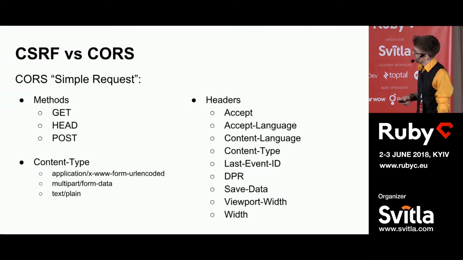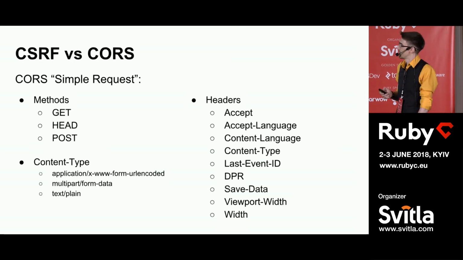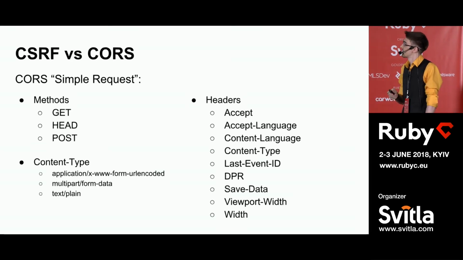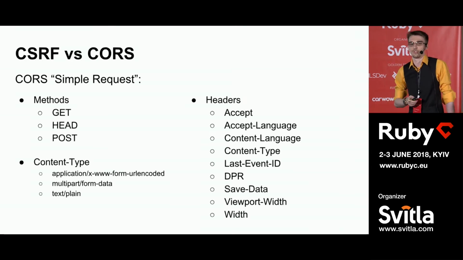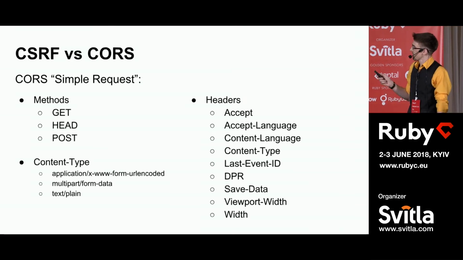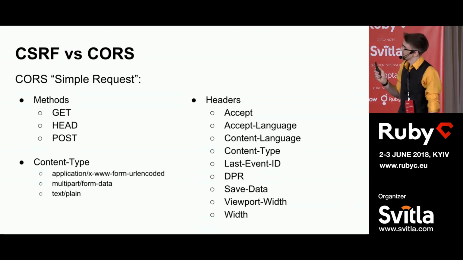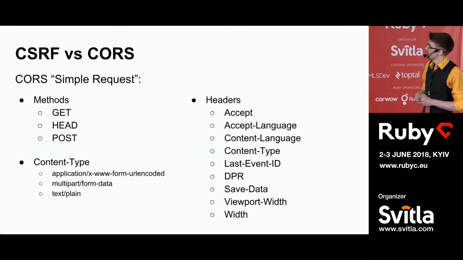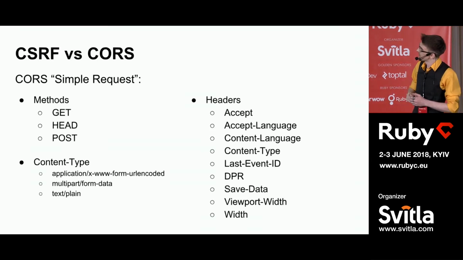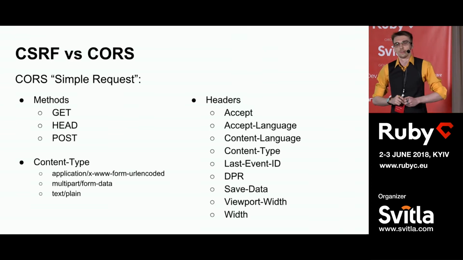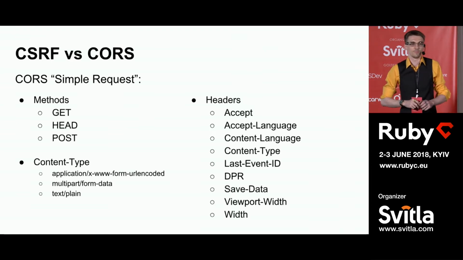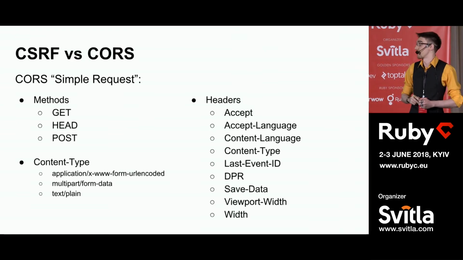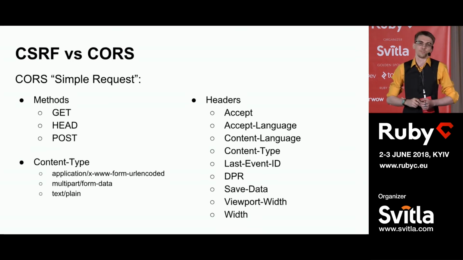Actually, there is quite a nice way to think about cross-site request forgery vulnerability, because there is this thing called cross-origin resource sharing. And in its spec, there is this simple request, which basically describes whatever browsers could already do before CORS was introduced.